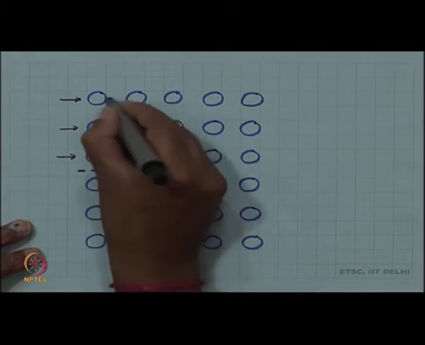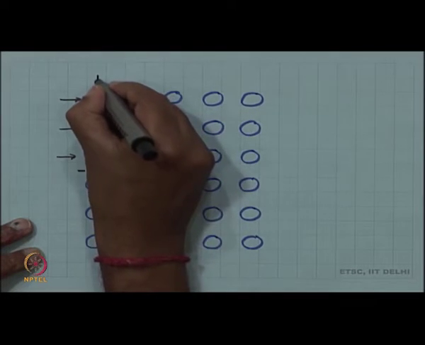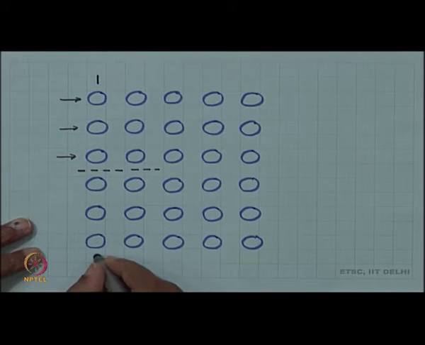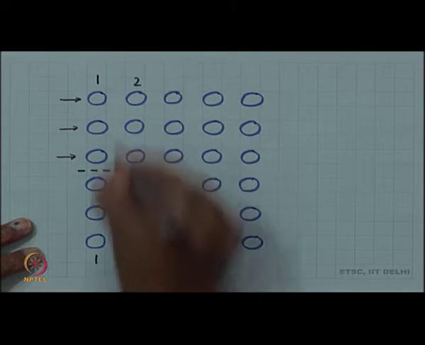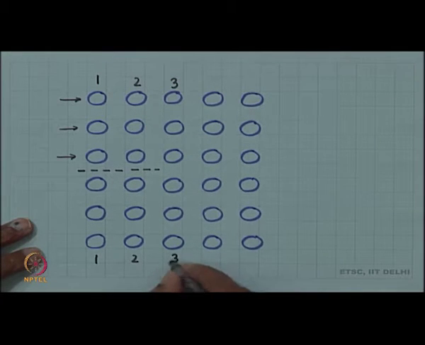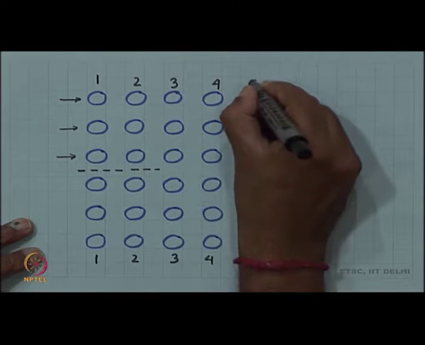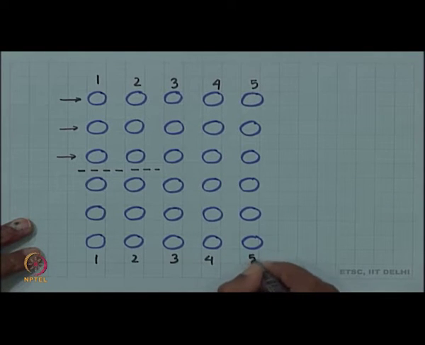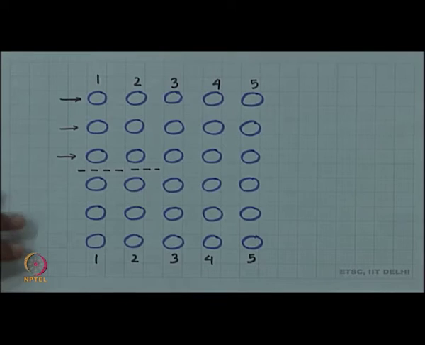I am pushing. Let me label the planes. So, I call this plane 1, plane 2, plane 3, plane 4 and plane 5. I am labeling the vertical planes.